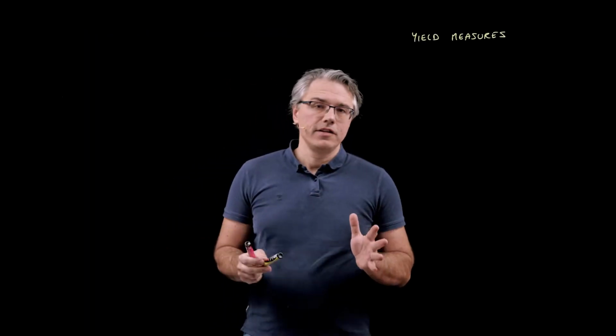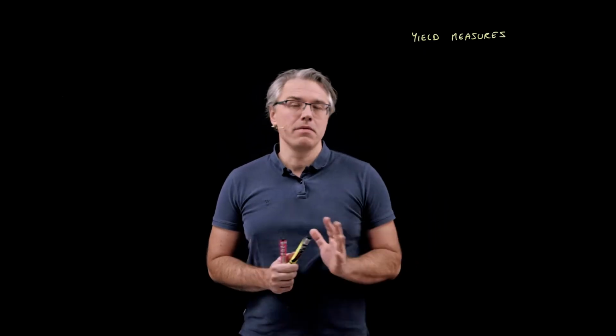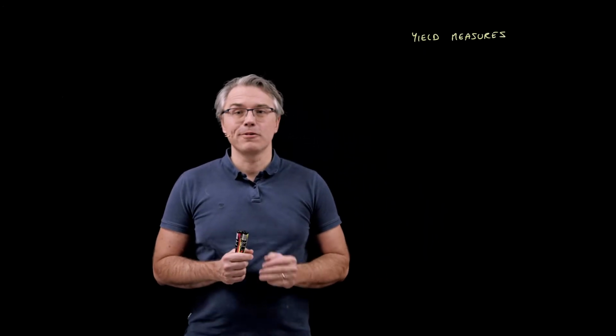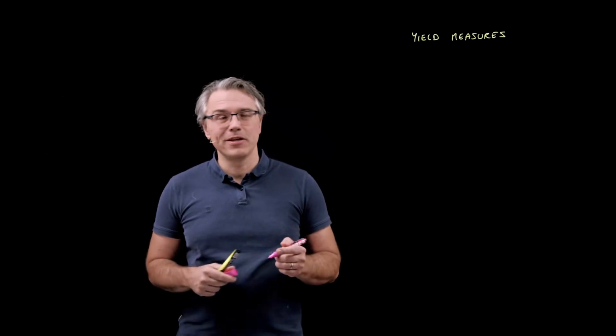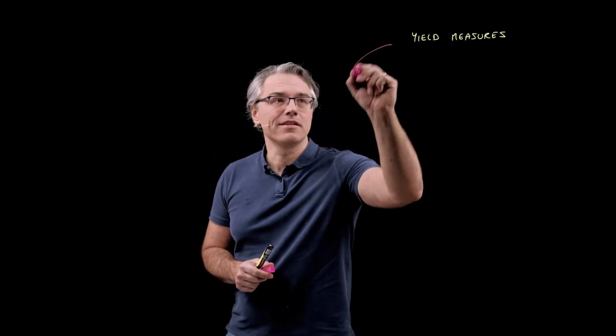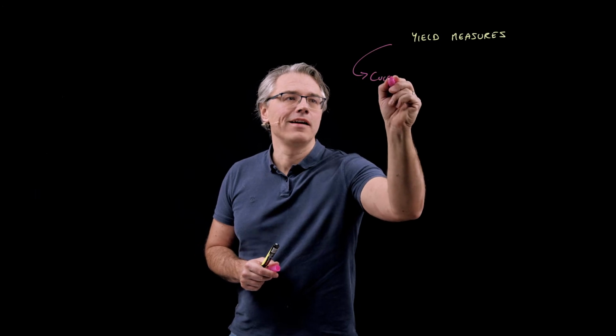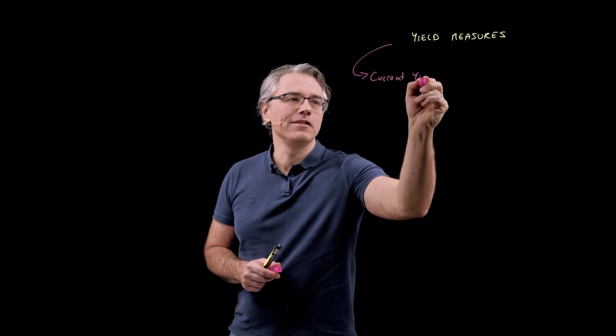Okay, so I want to finish this video off with a quick look at some very basic yield measures, seeing as these are also talked about in your curriculum in this section of the book. So just two very quick yield measures. The first one's going to be the current yield, and then we're going to have the yield to maturity.